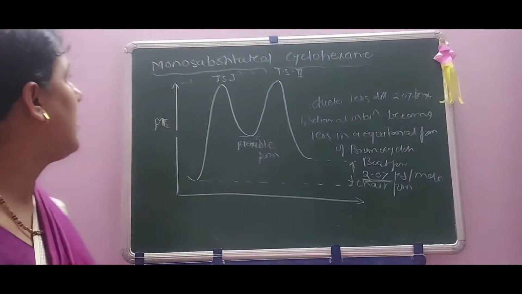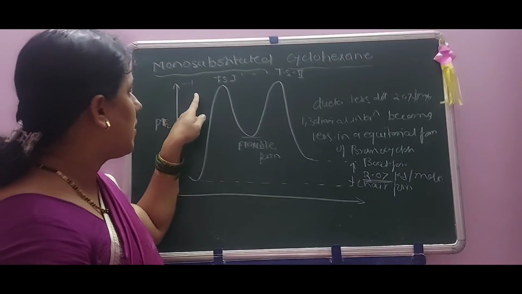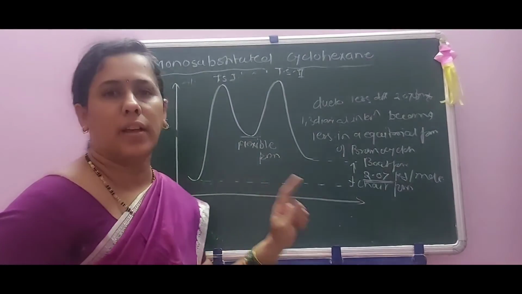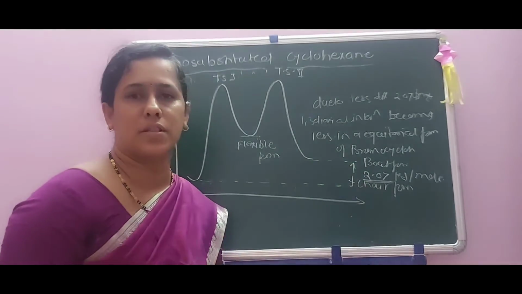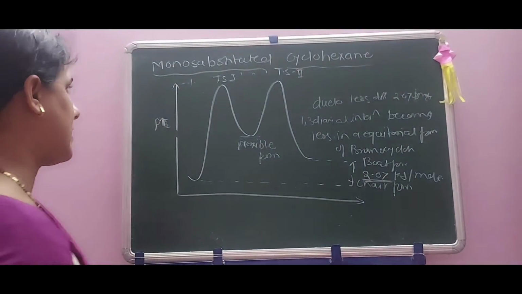Thus we have explained the potential energy diagram for a monosubstituted compound, bromocyclohexane.